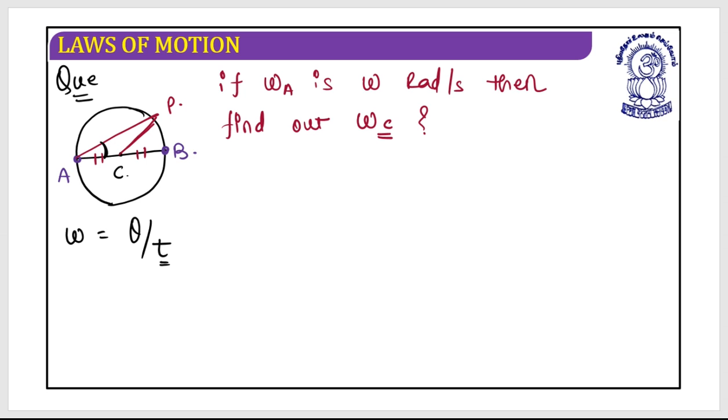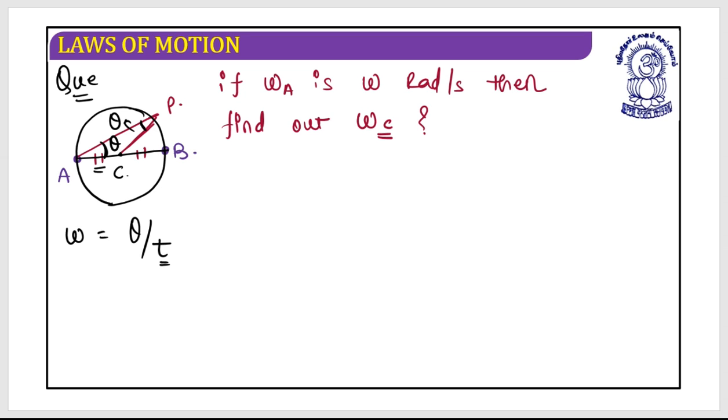If the distance AC and the distance CB are equal, that means this angle theta and this angle theta should be equal. Yes, these two angles must be equal because these distances are equal.